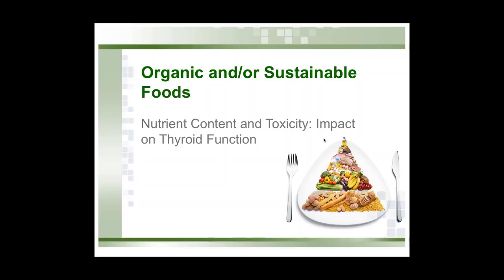So what else impacts thyroid? Well, one big thing that impacts thyroid are pesticides that are in foods. This is one of the reasons why in the metabolic code diet, we emphasize trying to do organically grown and or sustainably grown foods whereby they're not treated with a lot of the pesticides and chemicals.